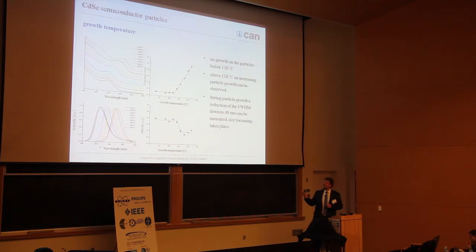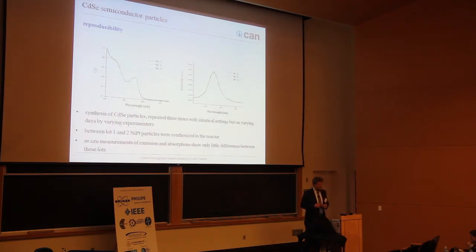Here you see there's no growth below 120 degrees. And if we increase it further on, we will get particle growth, so we can influence the size of the particles. And if growth occurs, you can see that the size distribution is getting better. So obviously there's some kind of size focusing effect during the growth, so it's good to use it.